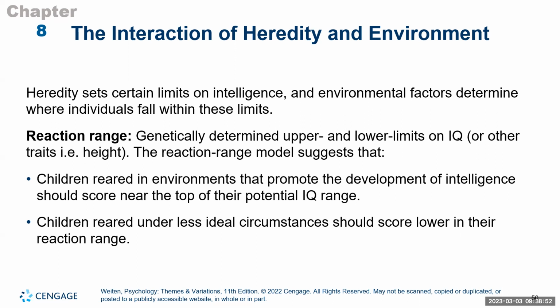Right? So again, it's really important that we give children an opportunity to be reared in those really enriching environments that promote development and intelligence, and then they should be scoring really high on their IQ, right? So that's really what we want, right?